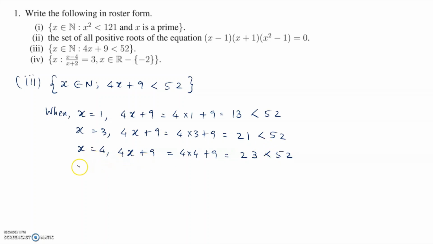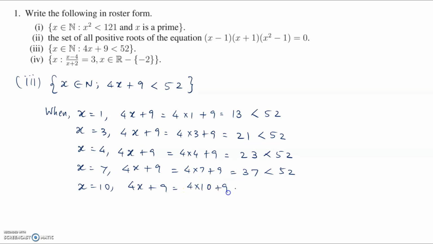So let's take x is equal to, let's go for a bigger number. Let's say 7. Then 4x plus 9 will be equal to 4 times 7 plus 9, which is equal to 4 times 7 is 28. 28 plus 9 will be 37, which is again less than 52. Let's take x is equal to 10. Then 4x plus 9 will be equal to 4 times 10 plus 9, which is equal to 49. That's less than 52.